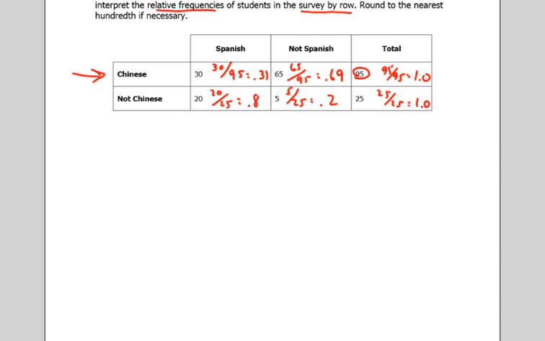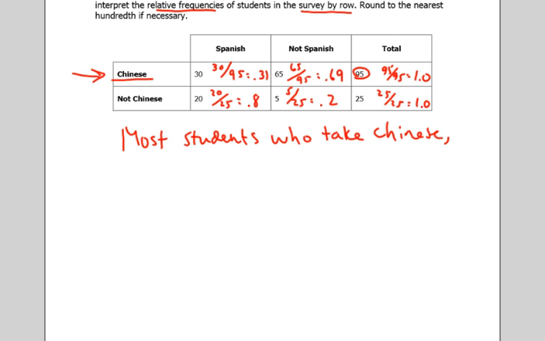Then it says interpret. So if I look at this, to interpret this, if we notice, looking at this row right here, most students who take Chinese do not take Spanish. So if you notice right here, 69%, 0.69 of the students who take Chinese do not take Spanish.